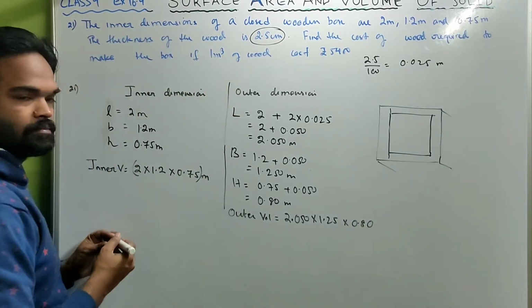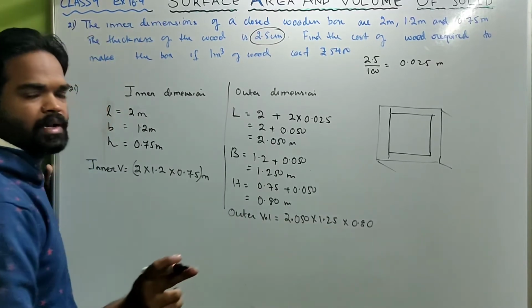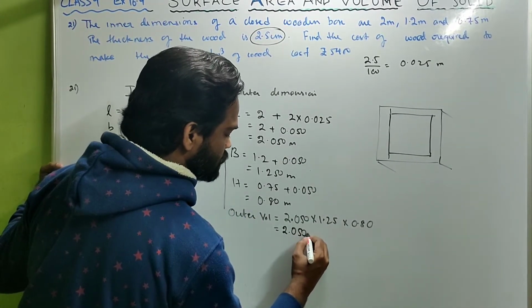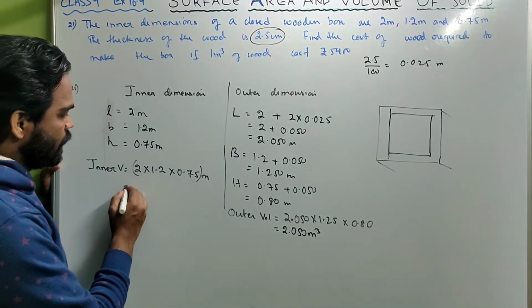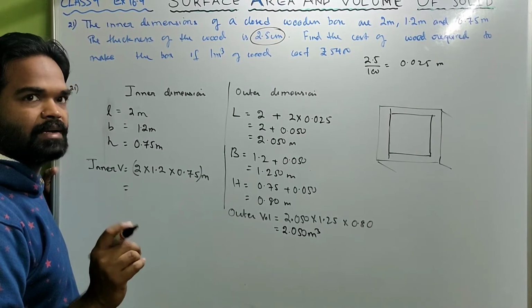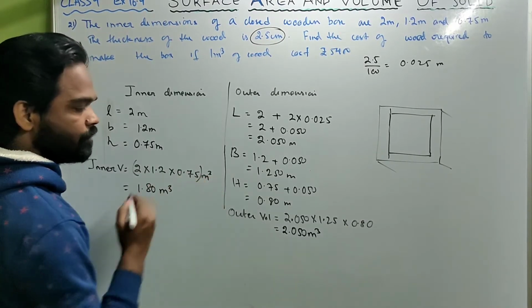Am I clear? Meter cube. So if you look, 1.25 into 0.8 is nothing but 1. 1 into this will be 2.050 meter cube. Am I clear? And the inner is 2.4 multiplied by 0.75. That comes as 1.80 meter cube.